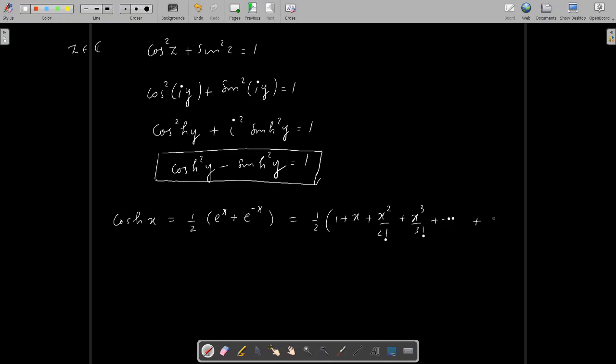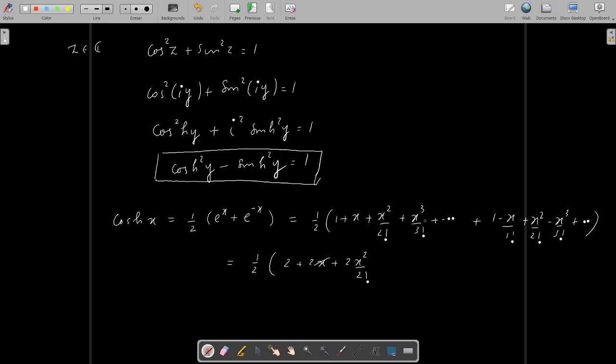Plus 1 minus x by 1 factorial plus x square by 2 factorial minus x cube by 3 factorial, etc. Then you can get this sum as half times, when you add these two, you get 2 plus 2 times x plus 2 times, sorry, you can cancel this x with this minus x, and 2 times 2x square by factorial 2.